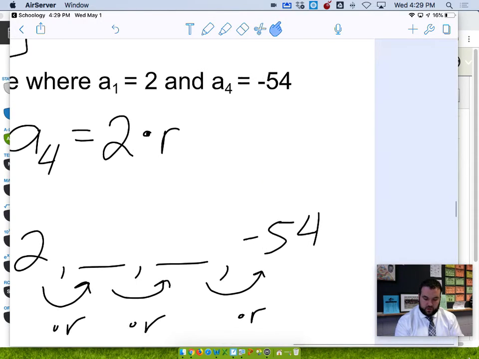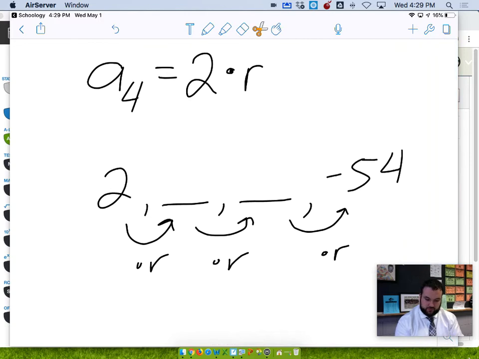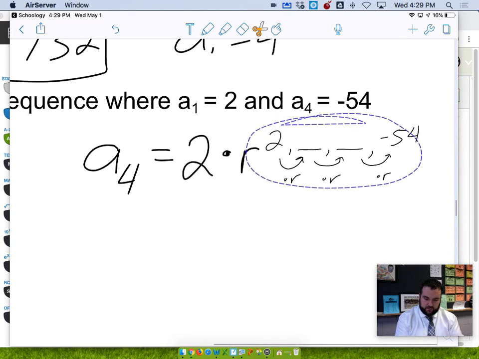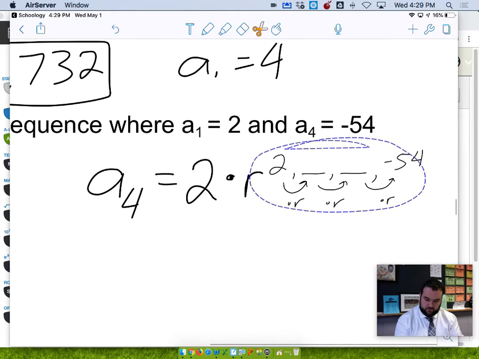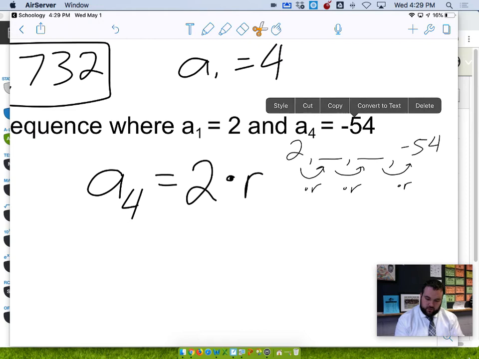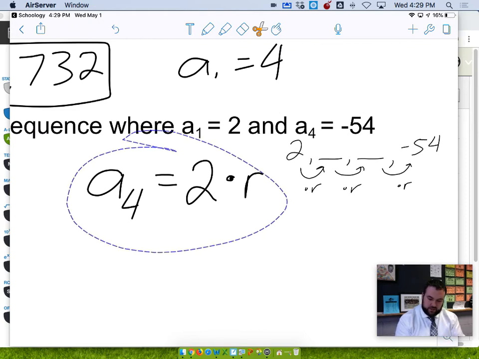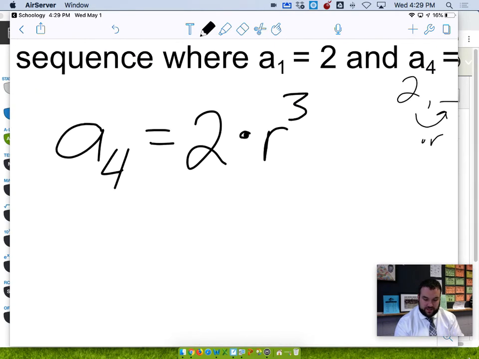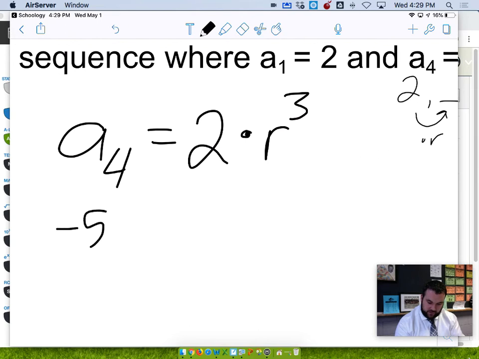Okay, so now what I'm going to do is figure out, to get the fourth term, I need to do times the common ratio 3 times. Well, I know the fourth term is negative 54.